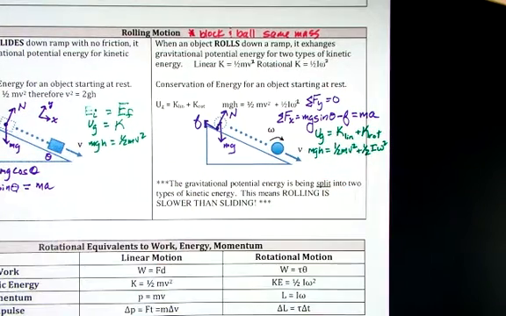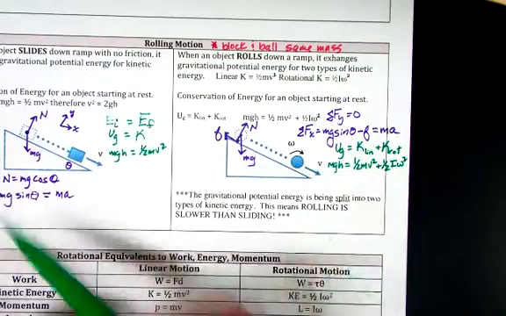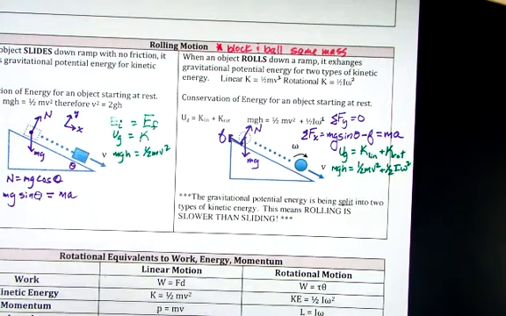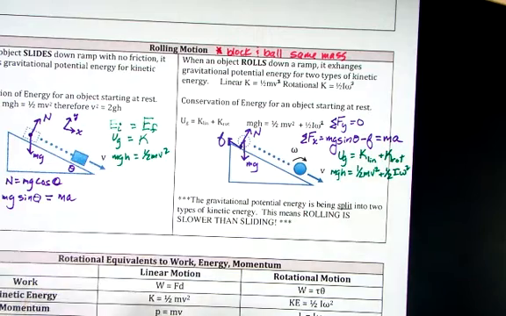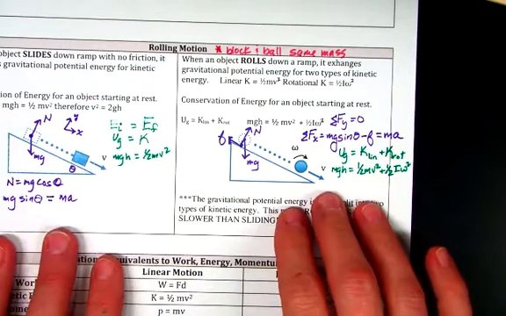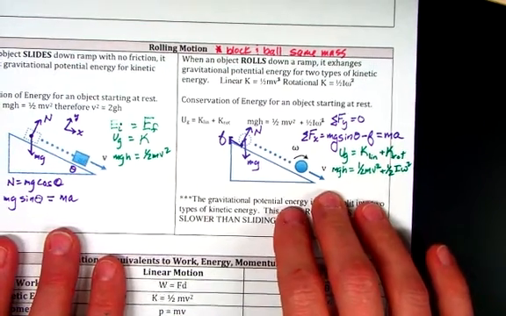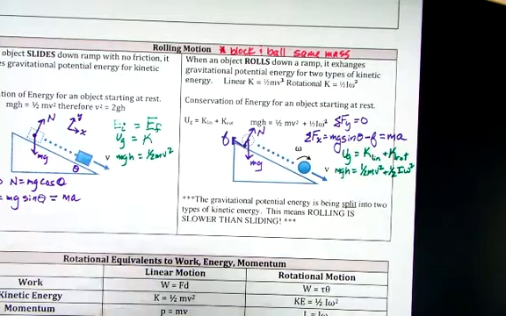So two ways to describe why this is faster. Notice we're not using numbers, we're not doing any of that. We don't even have to set up proportional relationships and stuff like that. You have to be able to use your words, but notice if we were to have to describe this, it does help to have the equations, because when you see the equations, you can make sense of them a little bit better. Does that make sense?